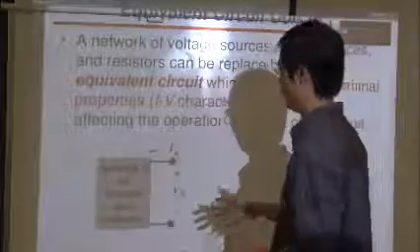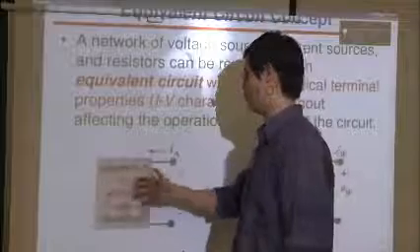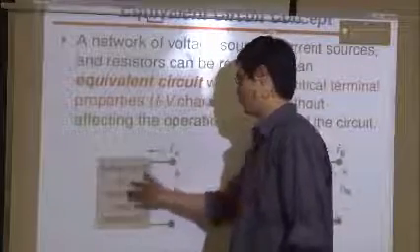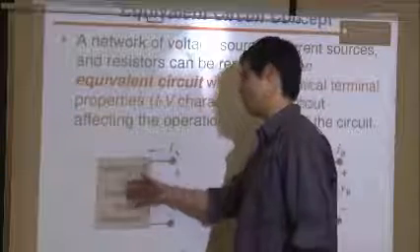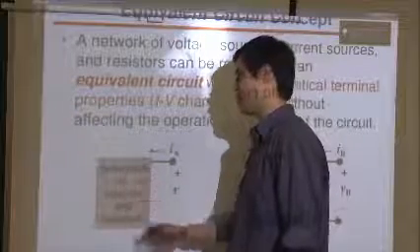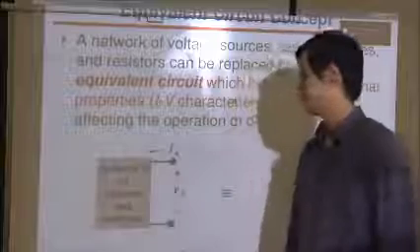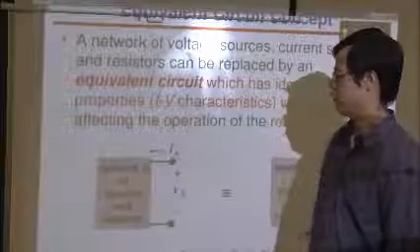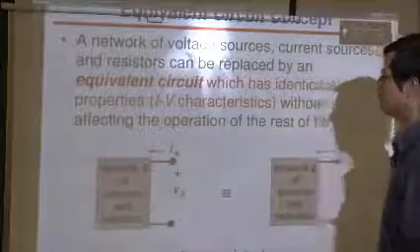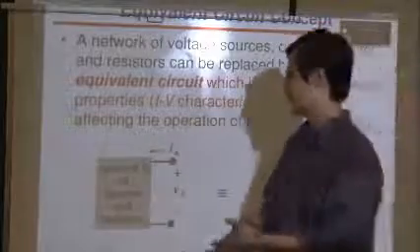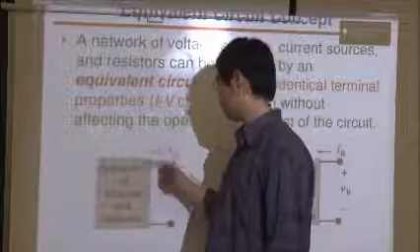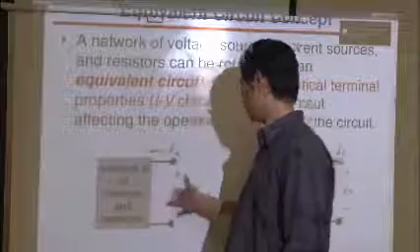Basically, if you have a sub-module or sub-circuit, or a whole circuit, it's a network of resistors, capacitors, inductors, dependent voltage sources, independent voltage sources, current sources, etc. You do the analysis of the whole network, and you find out the current going in, IA, and what the voltage is.